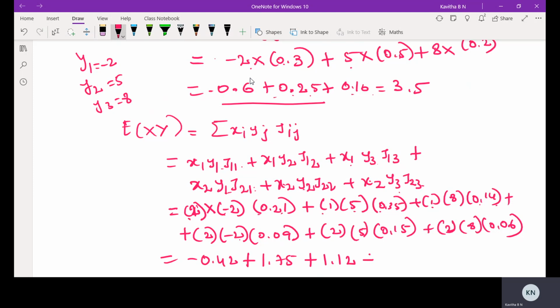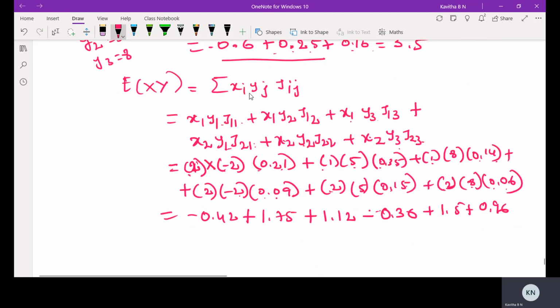The next, 2 into minus 2 into 0.09 is minus 0.36. Then 2 into 5 into 0.15 is plus 1.5, plus 2 into 8 into 0.06 is 0.96. Okay, add it, you will get 4.55 here.